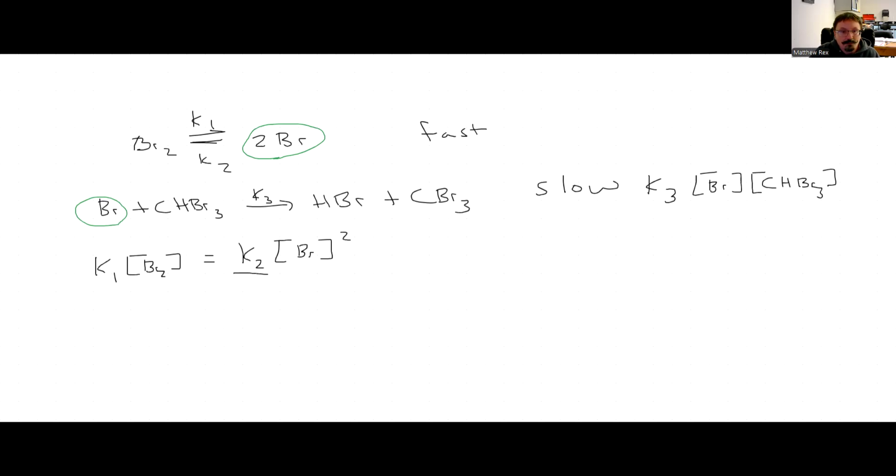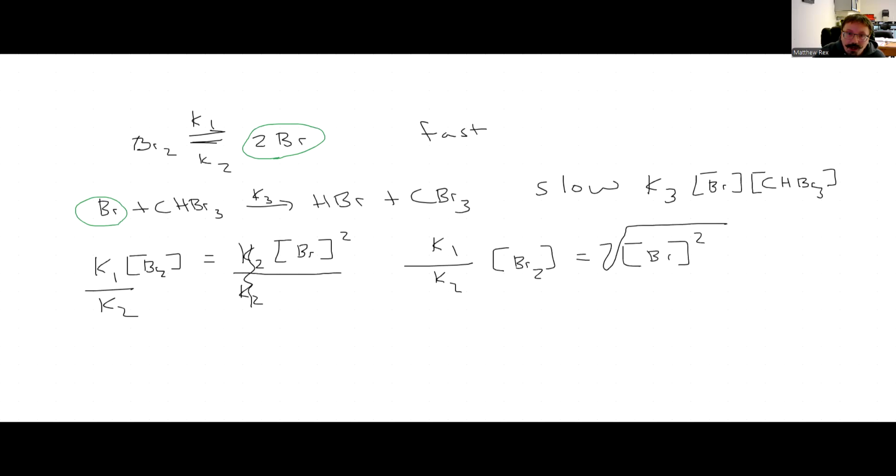First thing I'm going to do is divide by K2. That's going to get rid of that. And then I'm left with Br but still not completely isolated because it's squared, so I have to take the square root of both sides to undo that.